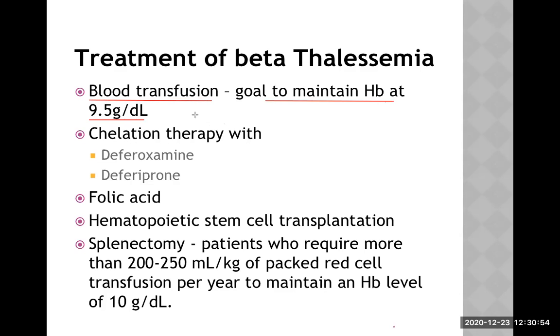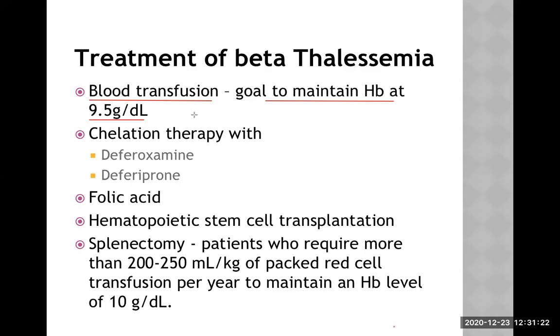Now, let me clarify, okay? Please listen properly. I will give a lot of explanation here. 9.5 gram per deciliter is still in the anemic range, according to our definition of anemia. So that question must come to your mind: why are we still maintaining the hemoglobin in the anemic range? The reason is to avoid iron overload.